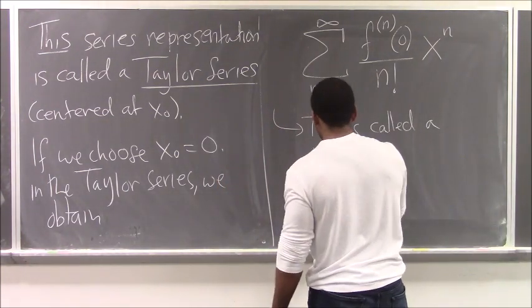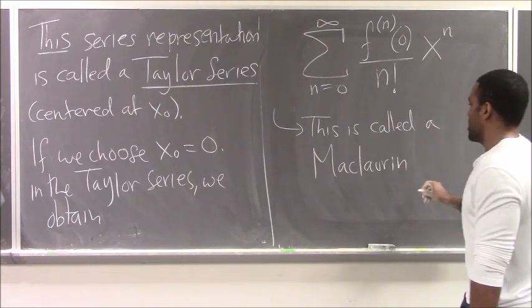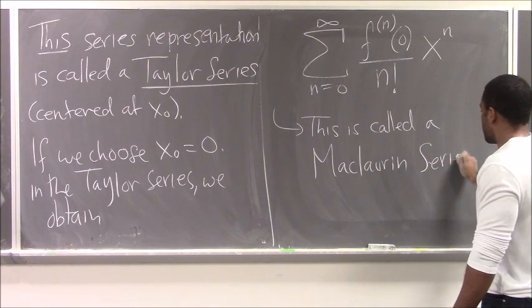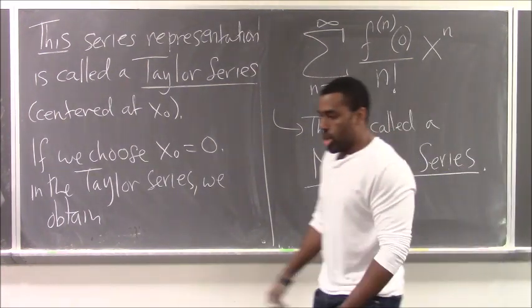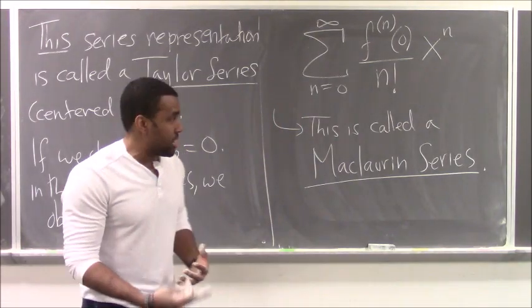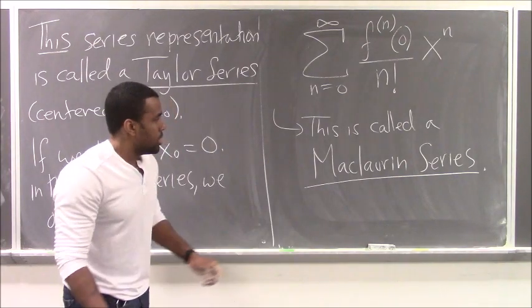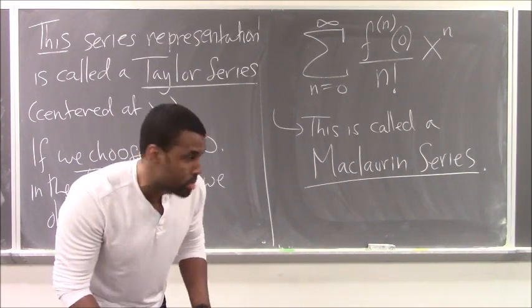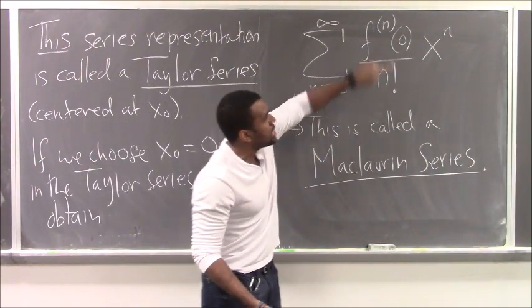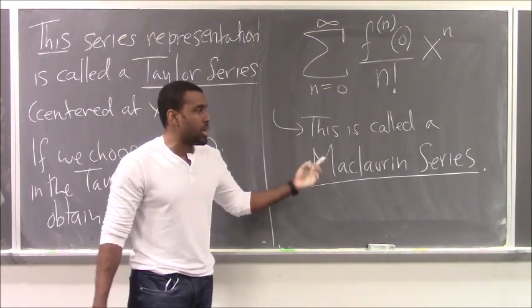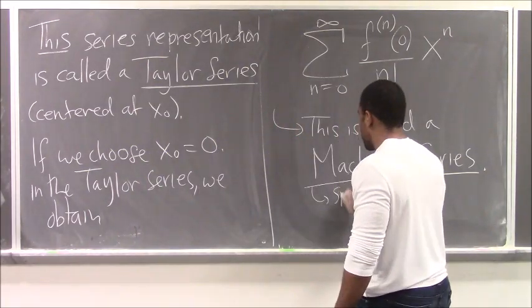Don't quote me on this, but I'm pretty sure it's spelled this way, Maclaurin with an I series. So Taylor series is a general form. It can be centered around any x value in theory, any x value that causes your derivative to be well behaved. If you specifically plug in x naught equals 0, you end up with what's called a Maclaurin series. So a Maclaurin series is just a special case of a Taylor series.